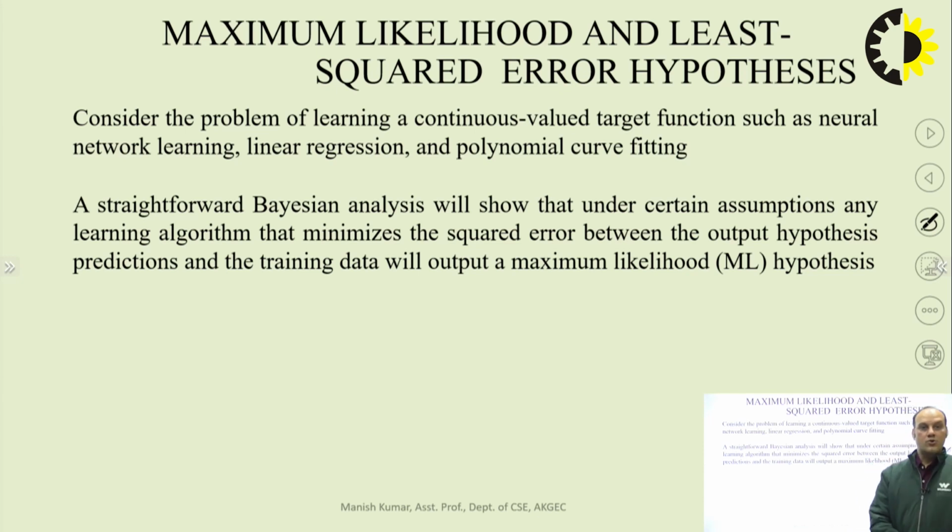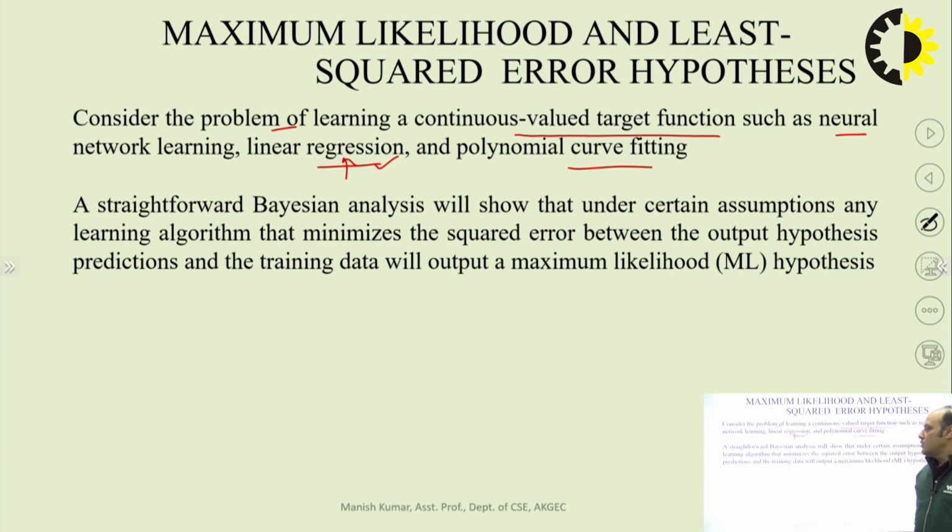Now I will show you with the help of an example. We are considering a problem of learning a continuous valued target function. For example, we can take neural network learning, number one. We can take the example of linear regression. Also we can take an example of polynomial curve fitting. I will try to show you an example of linear regression.